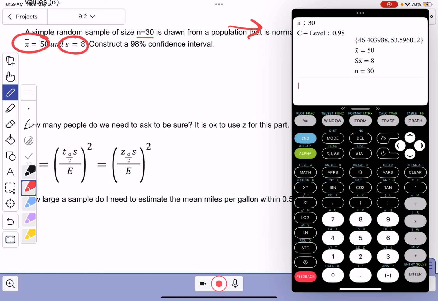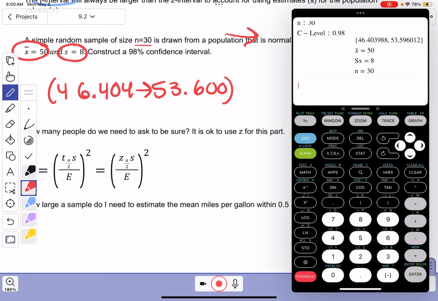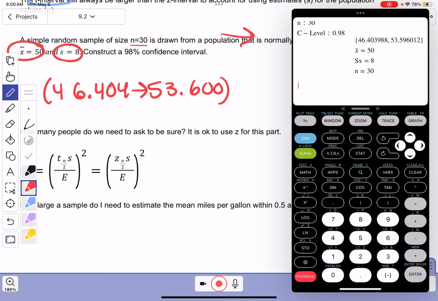Calculate, and we get 46.404 to 53.600. So there is that range there. X is 50, S is 8, n is 30. All right, there we go.